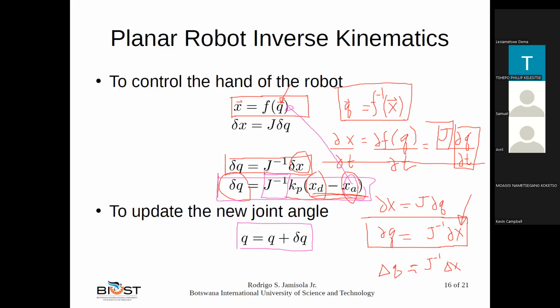Once we answer that, especially for just the planar robot, we'll be able to control a planar robot so that each joint can move and we can visualize what's going on at the hand of the robot. We'll ask the hand of the robot to go somewhere, and then we change the desired values, and it will go where we want it. We will do that in the next meeting.